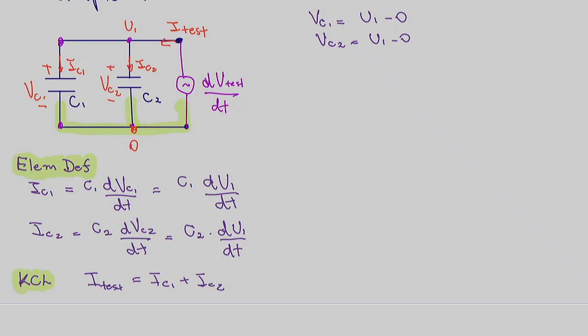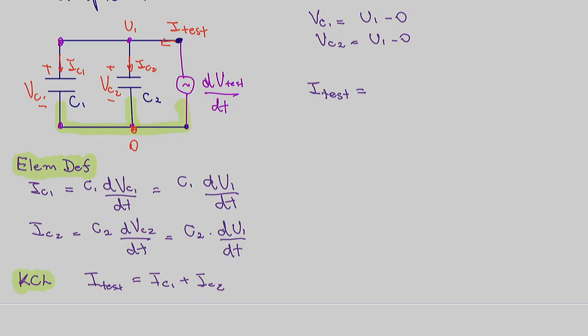Very good. That means that now, because all we wanted was to find the relationship between I test and dV test dt so that we have the equivalent capacitance, let's write now I test equals IC1.